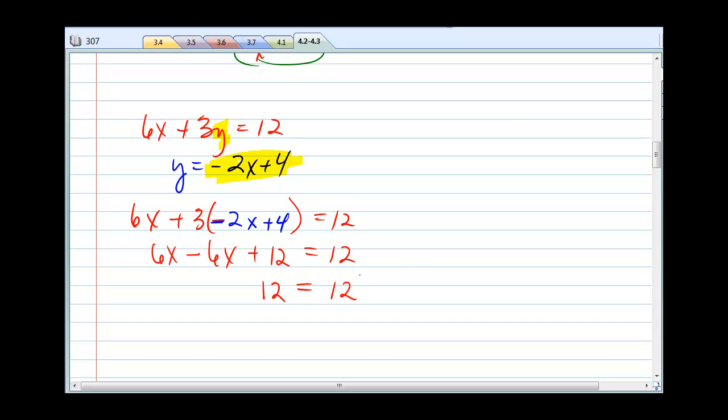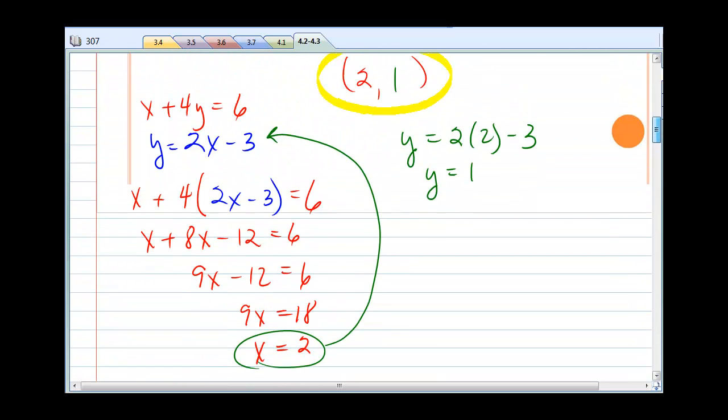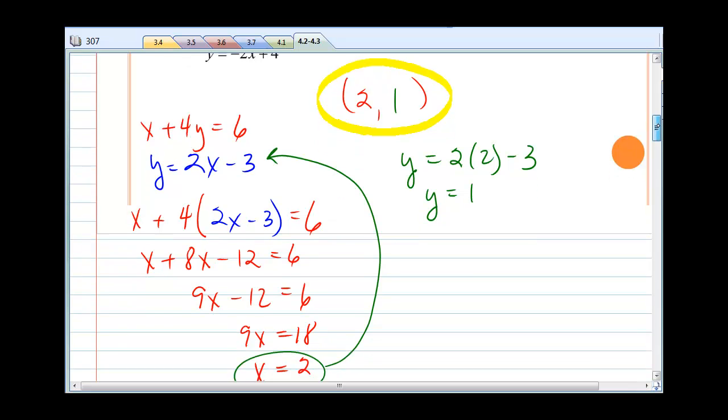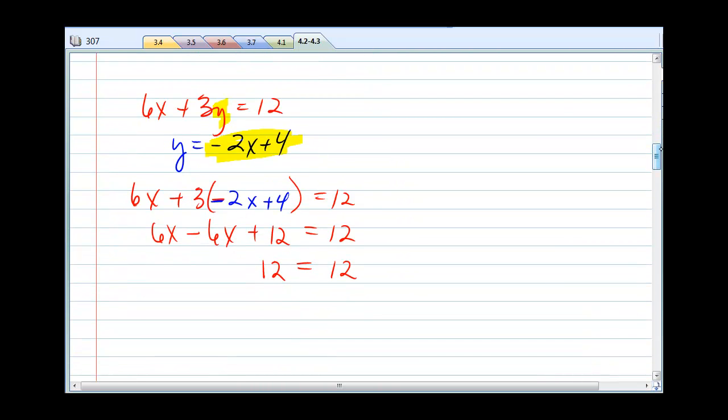It's at this point that we need to remember from our last discussion that a solution to a system of equations can have three possible solutions. The first solution can be the ordered pair. We can have one solution, right, with an ordered pair. Another option for a solution to systems is for the solution to be infinite solutions.